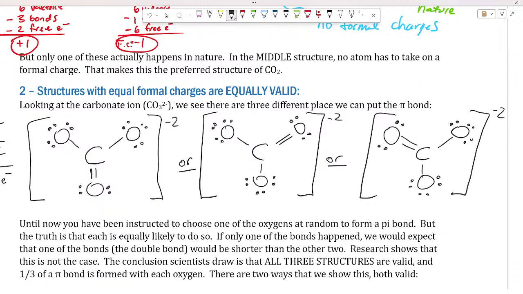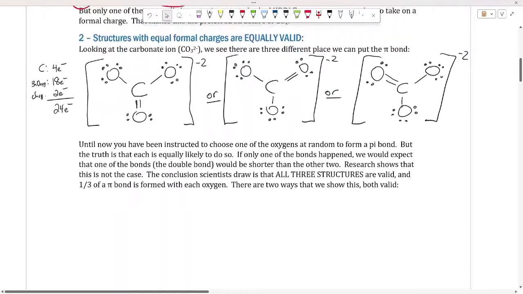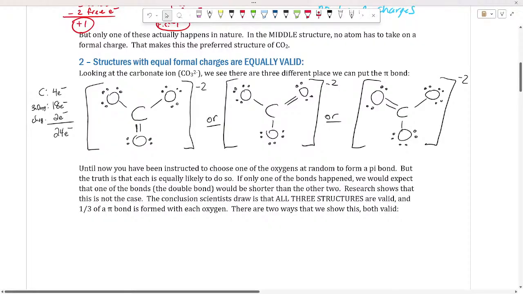A third of the time this bond forms, it will form like this. A third of the time it forms, it will form like that. And a third of the time it forms, it will show like this. All right? So, there's two ways to show this. The first is to draw all three structures.